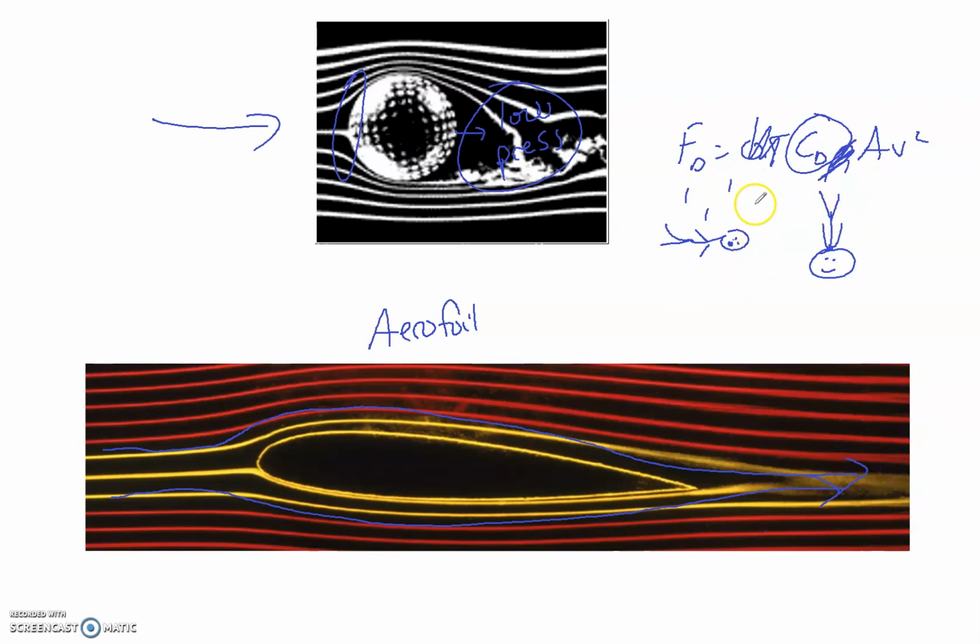This person here will have a lot more drag. Their coefficient of drag is probably around 1.2, 1.3, 1.4, and this person's is probably around 1, because they're so much more aerodynamically placed. Their impact areas will also be different, but just by changing the position of the object, you can significantly change the coefficient of drag.